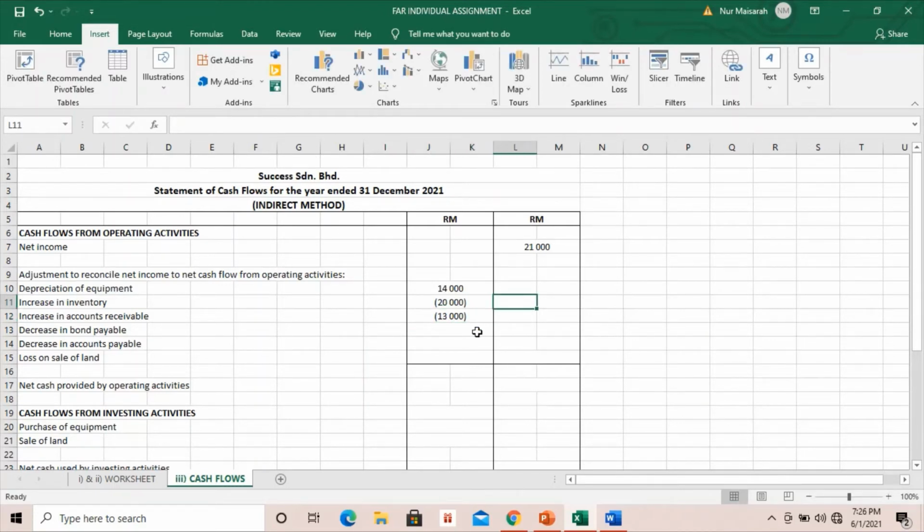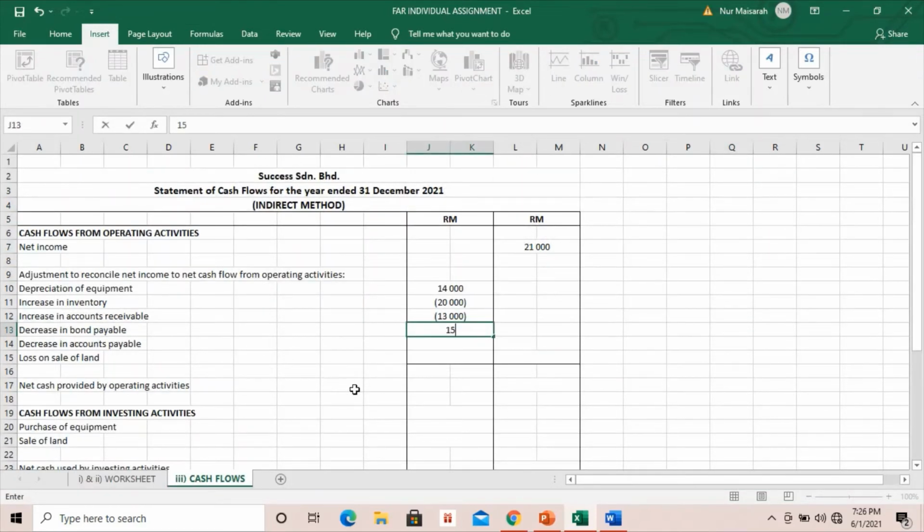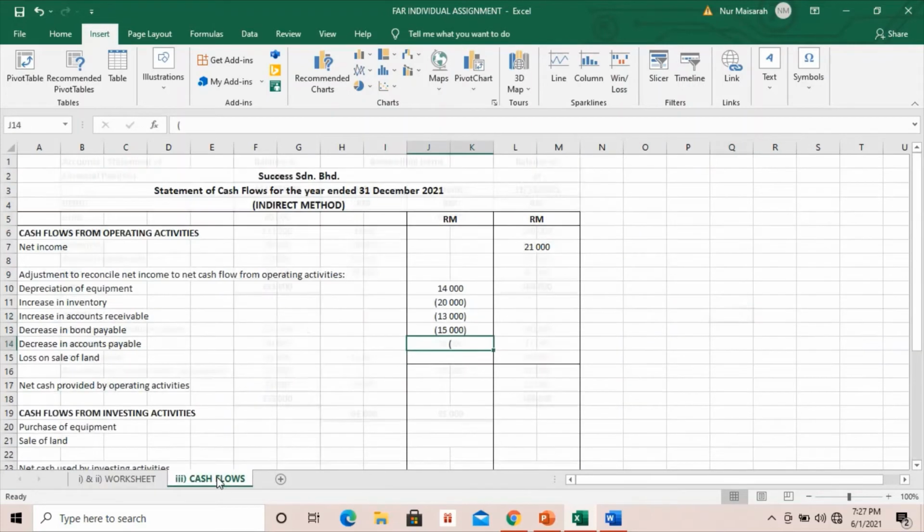And then also include the decrease in bonds payable. The amount also we must deduct. So the amount for bonds payable is 15,000. Then for the decrease in accounts payable, we also deduct the amount, which is 3,000.